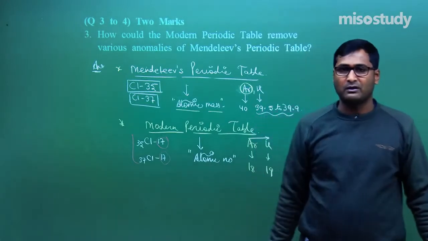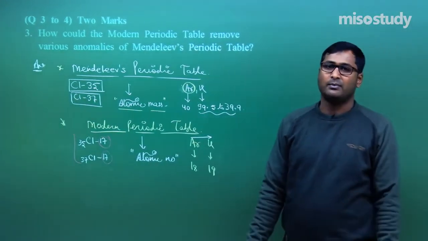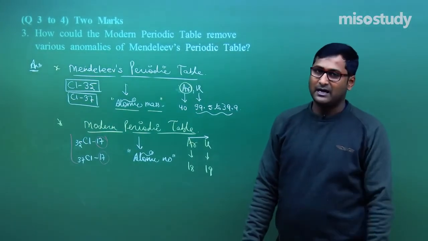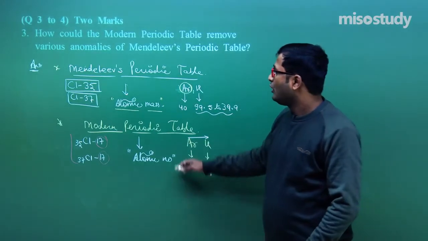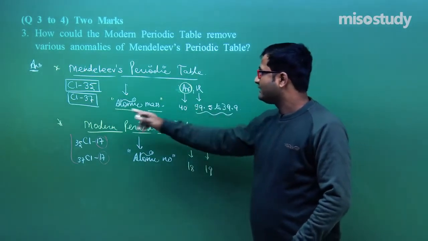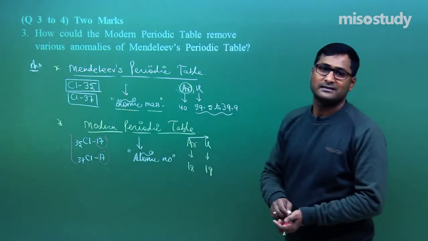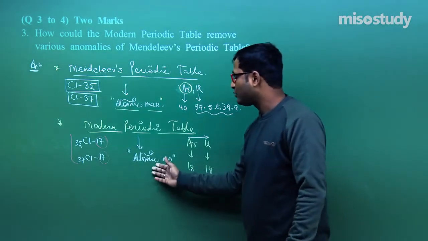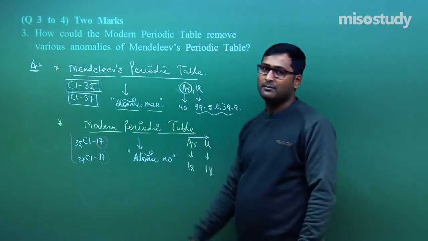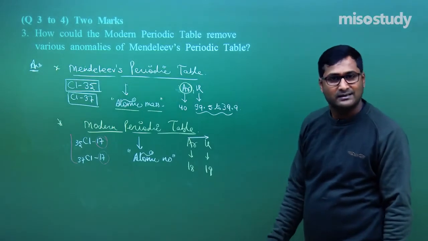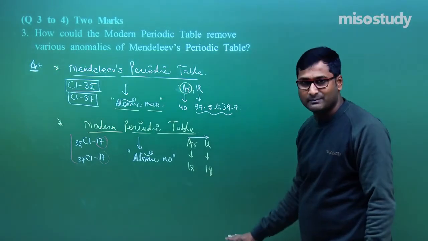But it is not true, because hydrogen has properties similar to alkali metals and halogens. So if anyone asks you, you can take these 2 important examples. Clear to you? The basis here is atomic number, and there the basis was atomic mass. Clear? I think you can easily explain.